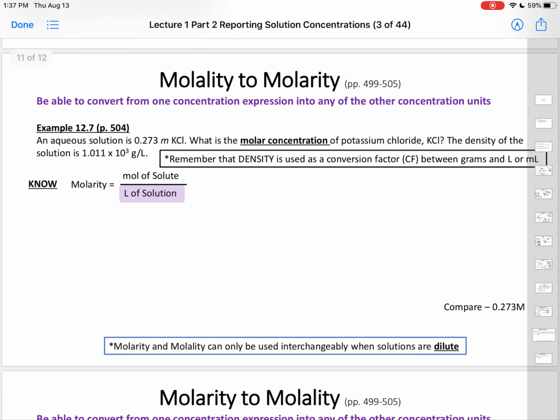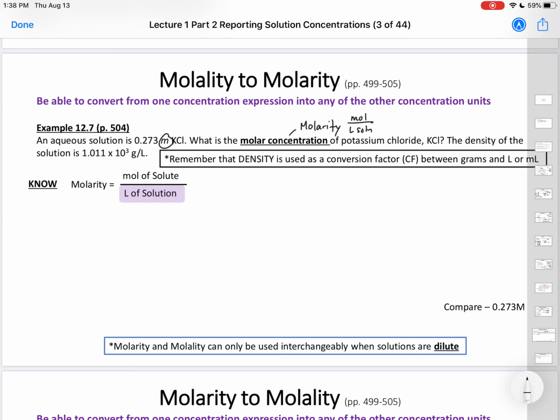All right. If you wanted to go from molality to molarity, okay, so you have an aqueous solution and it is 0.273. And this is again molality, the curly M. Okay. And they would like to know the molar concentration. Your book uses this phrase molar concentration to refer to molarity, or moles per liters of solution.